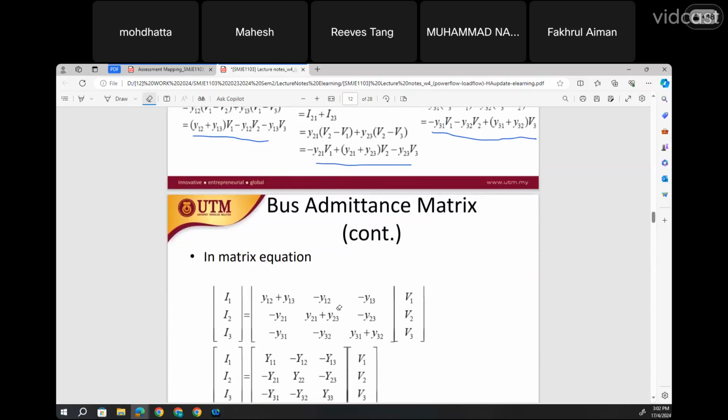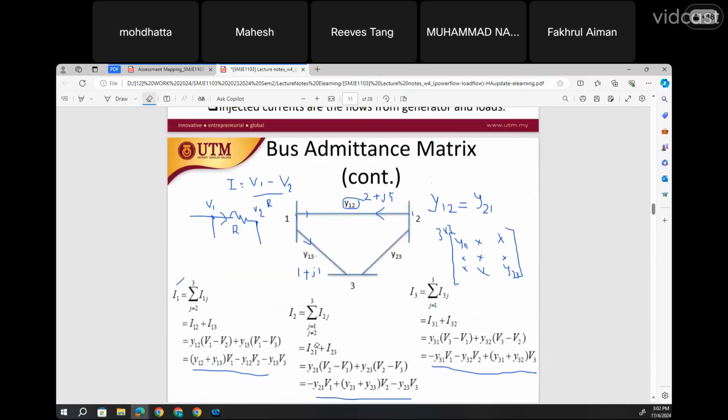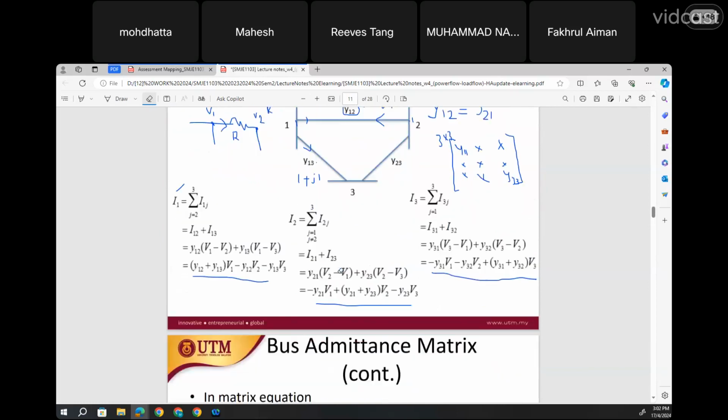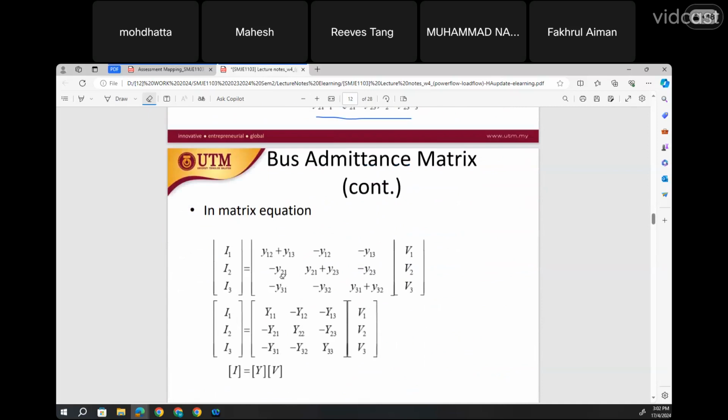In other words, Y12 is the admittance from bus 1 to bus 2, so we don't have any other admittance connected to it. This is for from bus to bus, and this is for that particular bus.